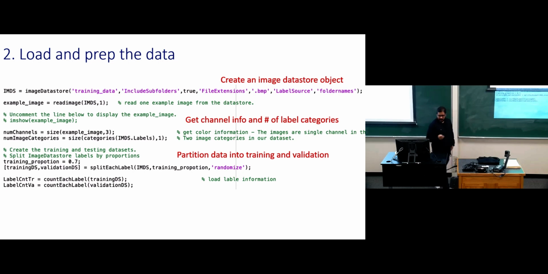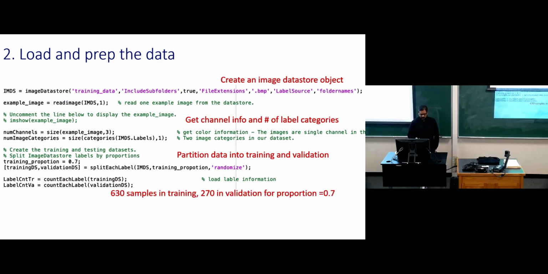So here we are using a function called split each label, and we are passing it the name of the data store, the proportion to split, and an option called randomize. It's not like we are just taking the top 0.7 fraction of the data. It's 0.7 fraction but randomly selected, and that shouldn't affect us because each of our images is independent of the other. They're not related in any sense.